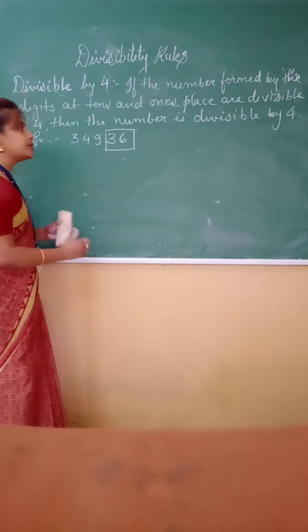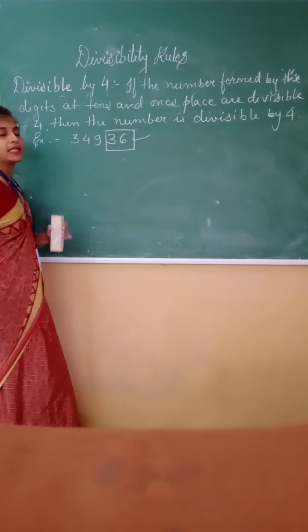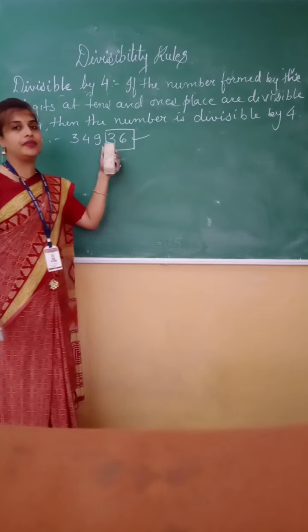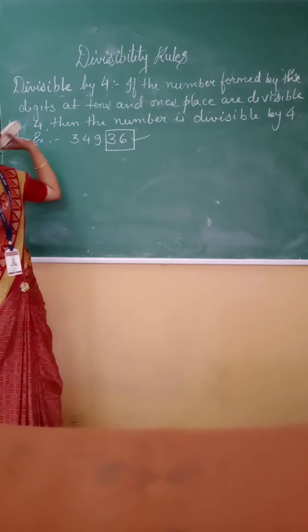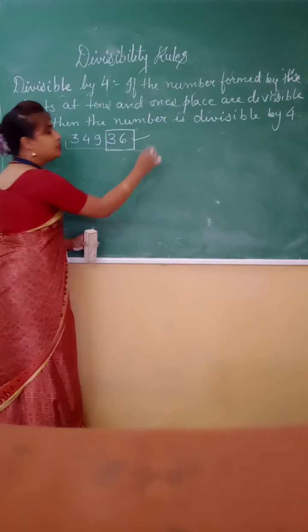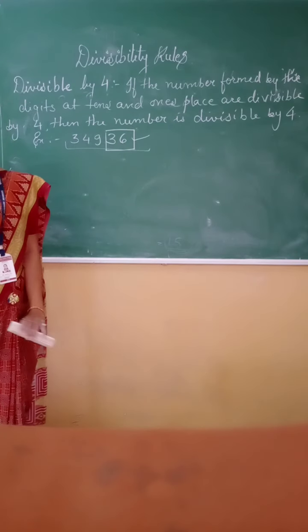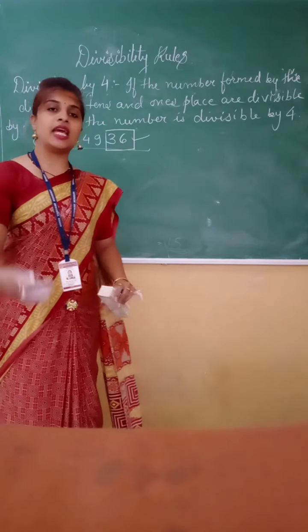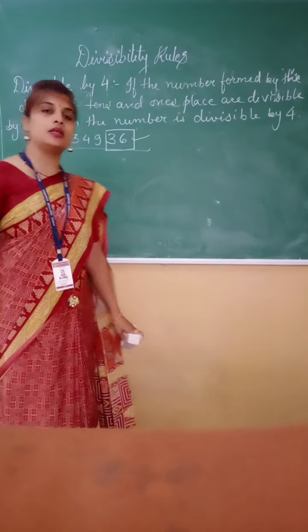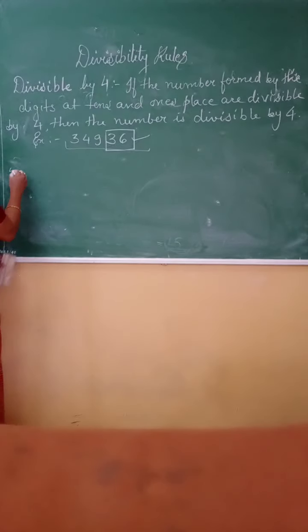Yes, 36 is divisible by 4. We know that 4 nines are 36. So, if the last two digits are divisible by 4, then the whole given number, 3, 4, 9, 3, 6, is divisible by 4. You can check it by dividing the whole number by 4, to see whether you get the remainder 0 or not.